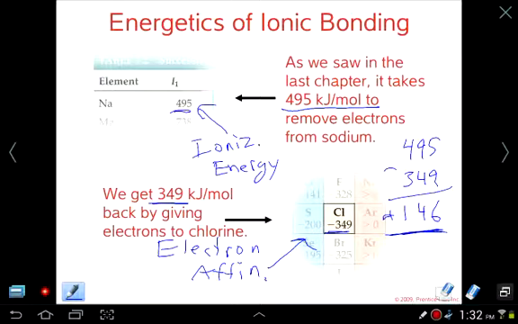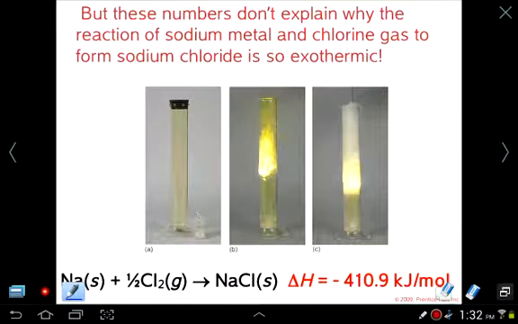Now this is very puzzling, because if you ever react sodium with chlorine, here we have a graduated cylinder filled with chlorine gas, and a little bit of sodium in this bottle. The sodium is placed, with a little wire, into the chlorine gas, and notice the violent reaction that occurs.